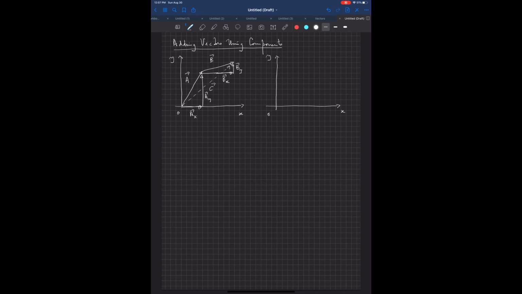Here's my vector A. Here's vector B. Here's the sum, which is the vector C. And now let's draw the components of the vector C. Well, this is the component C sub y, and this is the component C sub x.